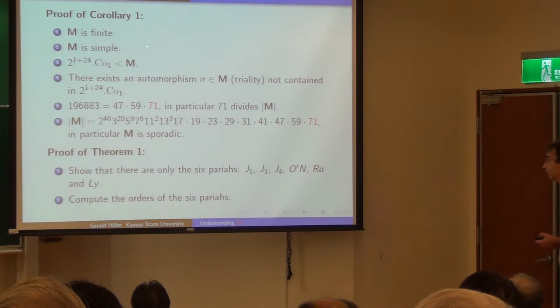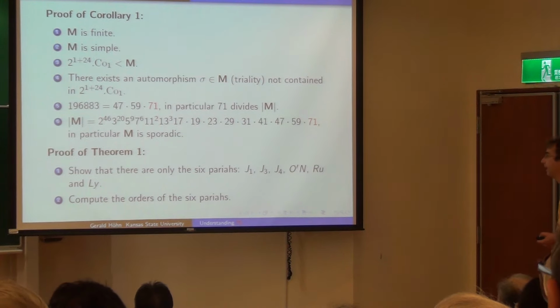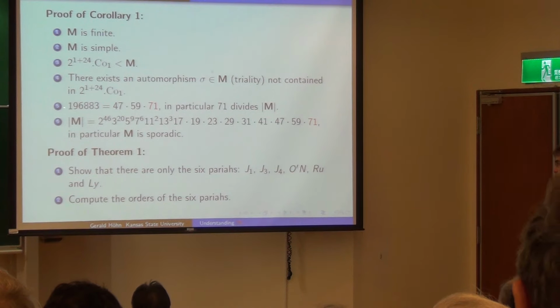Then one has to show it's simple, and from the construction it's very obvious that there is a subgroup 2^{1+24}.Co_1 in the monster, and then this was also very hard. One has to show that there exists an extra automorphism called the triality, which is not contained in this subgroup. Yeah, and then one observes that 196883 is the product of these three primes.